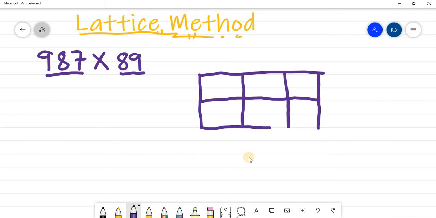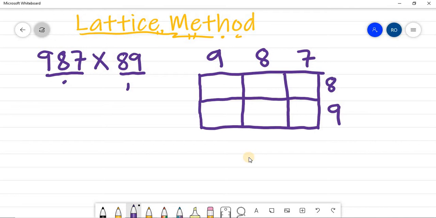In making a lattice using the lattice method, we have to write the multiplicand at the top of the lattice. So 9 here, 8 here, and 7 here. Of course, the multiplier will be written at the side of the lattice: 8 here and 9 here.